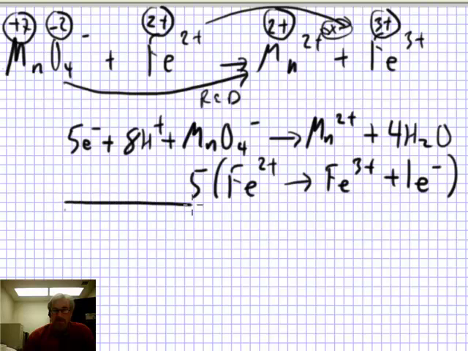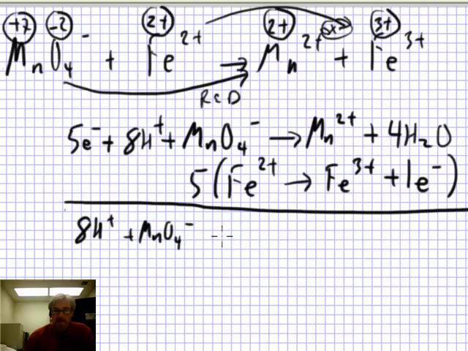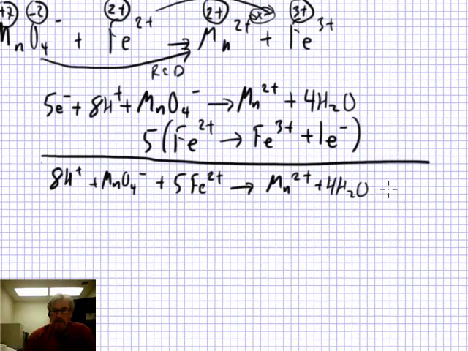Now I sum the reactions together. Electrons are gone. It's 8H+ on the top, plus permanganate, plus, from the bottom half reaction, 5 Fe2+. On the right-hand side, from the top, it's Mn2+ and 4 waters. And then from the bottom, 5 Fe3+.